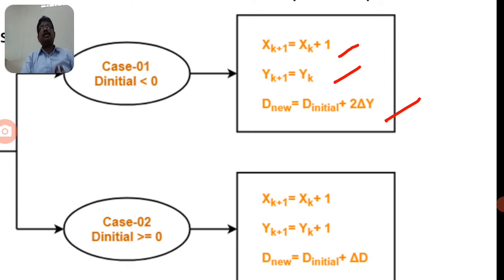Now you might ask why we take this process compared to Bresenham's algorithm and the DDA algorithm. Because this is the basic procedure to design the line drawing algorithm with two cases. So we will find the new decision parameter. Based on that, the drawing algorithm can work in an efficient manner.